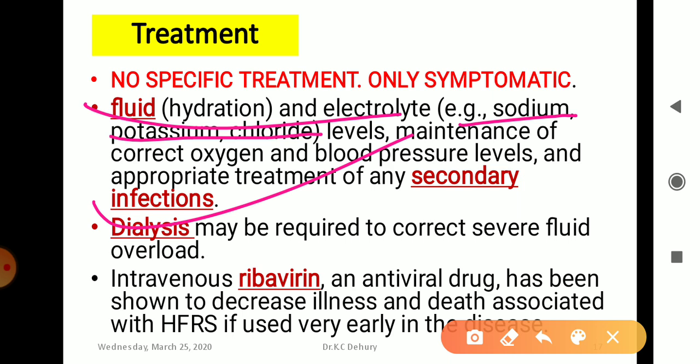A drug is there under the chemical name of ribavirin, which is an antiviral drug, that has been highly recommended when the disease is detected at the early stage.